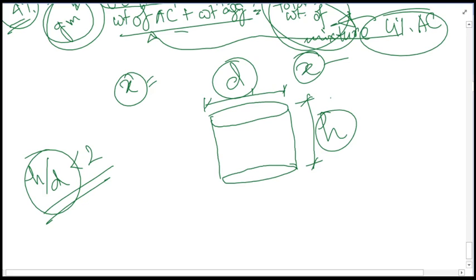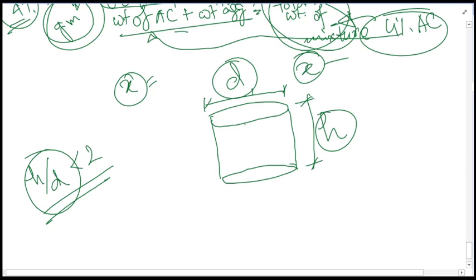So what will be the diameter and what will be the height of the specimen? In general, what we use generally is the cylindrical height. Okay, sorry, I have just made a mistake.